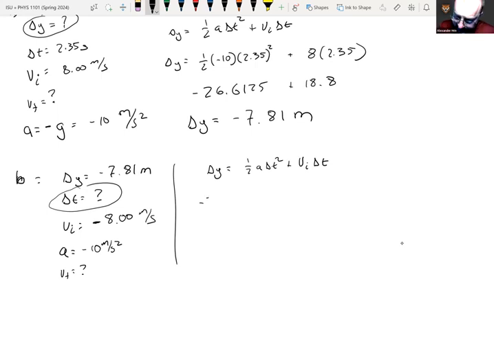So we'd have negative 7.81 is equal to 1/2 times negative 10 delta t squared minus 8 delta t. Okay, so rearranging, we're going to have 5 delta t squared, moving that over to the left, plus 8 delta t minus 7.81. Now, how you would go about doing this would be with the quadratic formula.